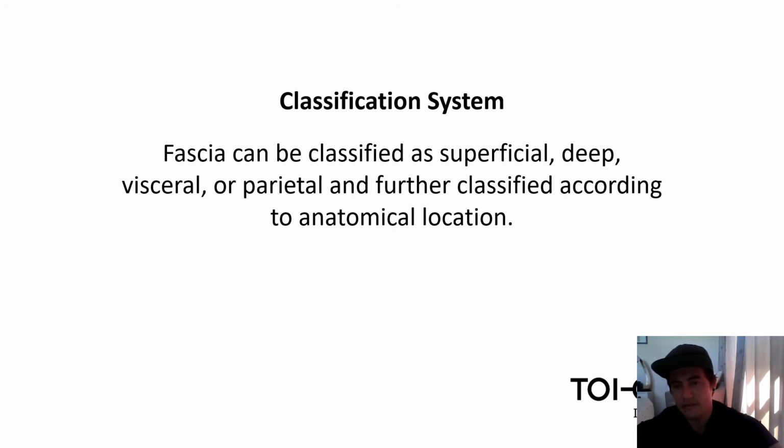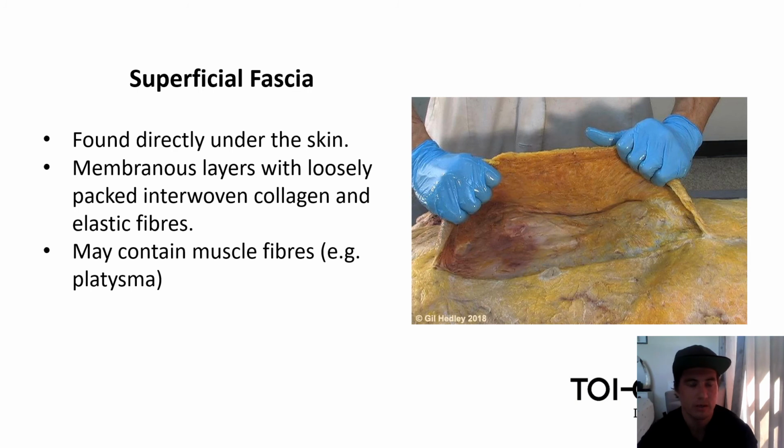Just like any part of the body, we can classify fascia various ways. One is in terms of anatomical location: superficial and deep, meaning close to the surface or further away from the surface, and visceral and parietal. We'll break this up in a little more detail.